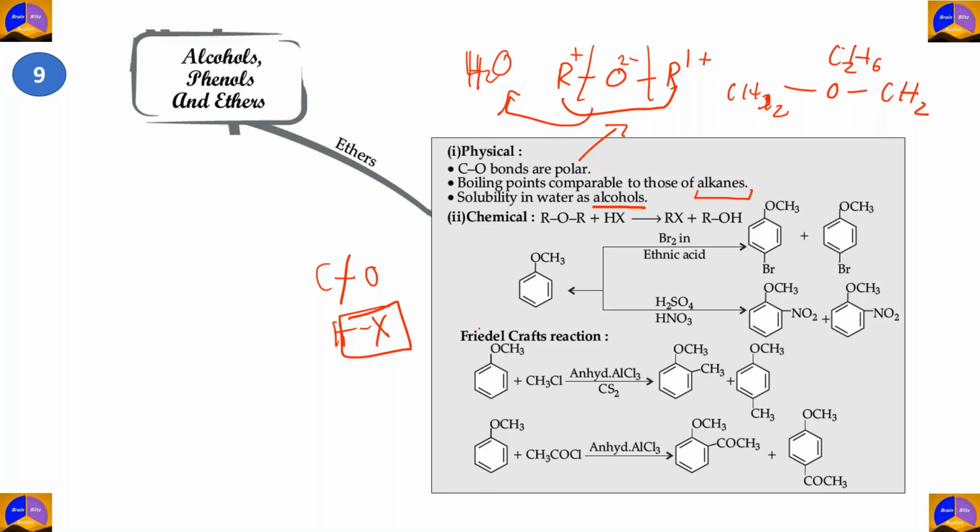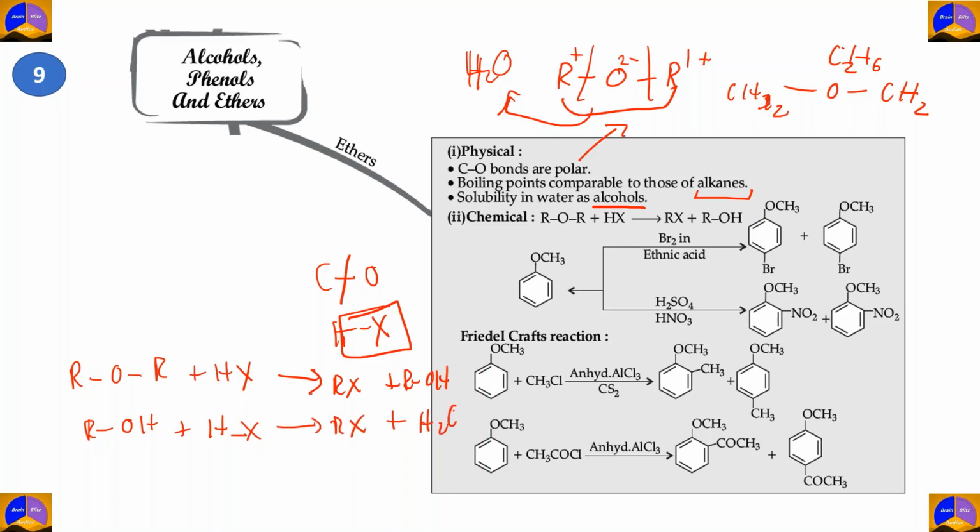So the reaction of a dialkyl ether gives two alkyl halide molecules. The basic reaction would be ROR plus HX gives RX plus ROH, and ROH plus HX gives you RX plus H2O. That is the complete dissociation of an ether.